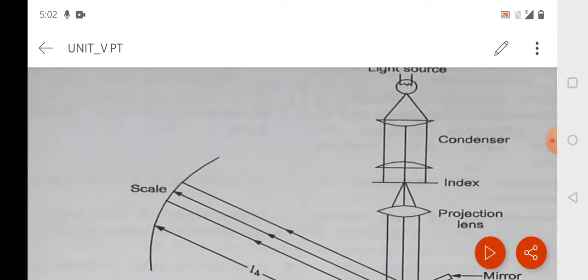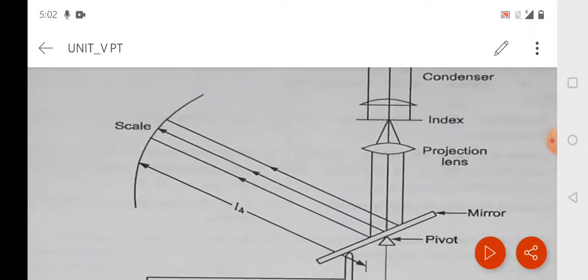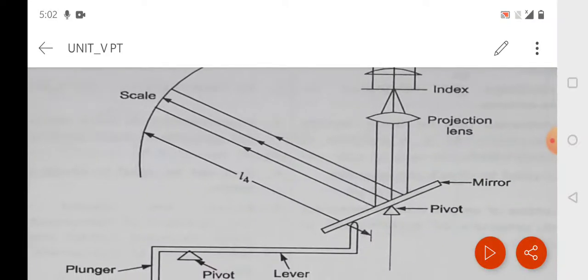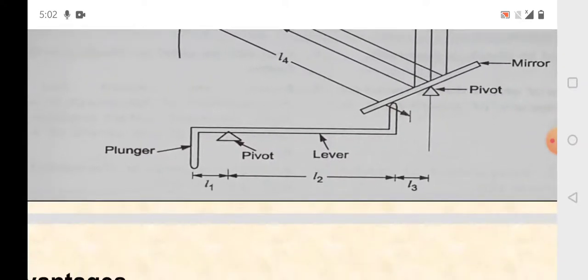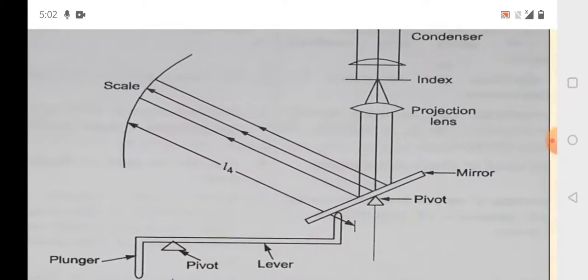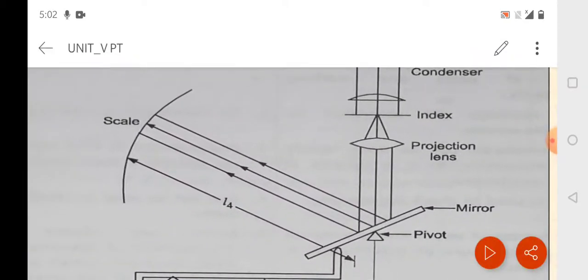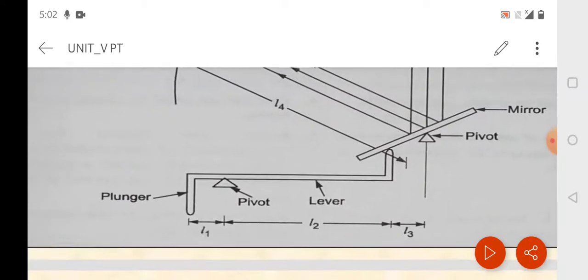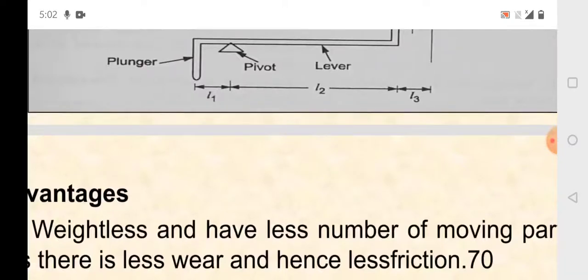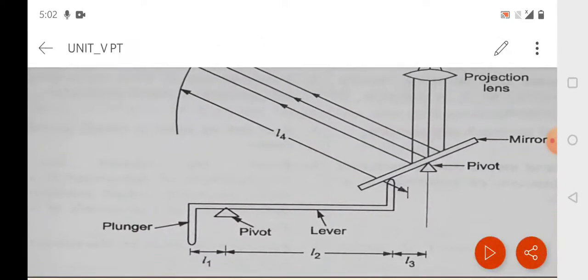Through the optical arrangement, these rays are projected on this mirror, and the movement of this mirror depends on the variation in the workpiece through this plunger. So we get a change in the angle of deflection of the rays because of the angle change of the mirror, because of the variation in the workpiece through this plunger, and we can get the reading.